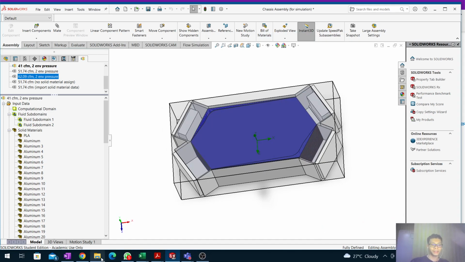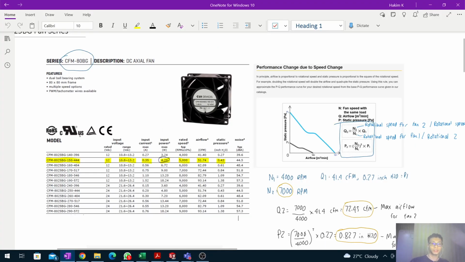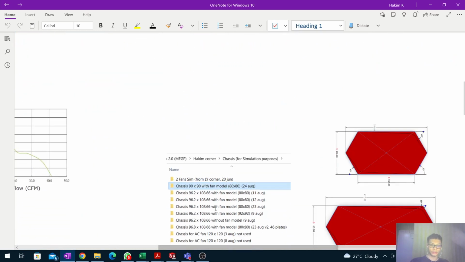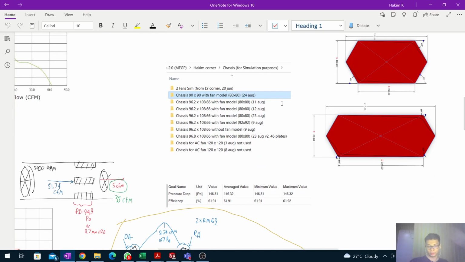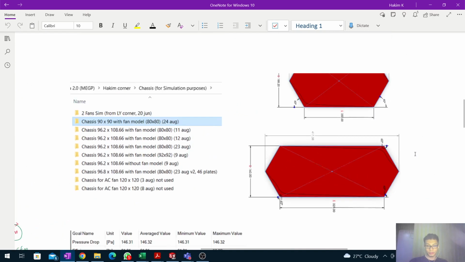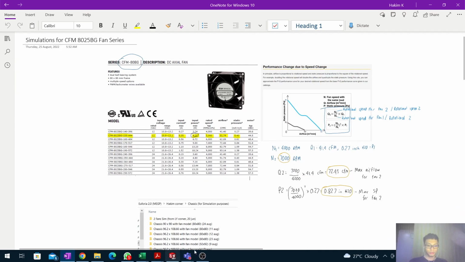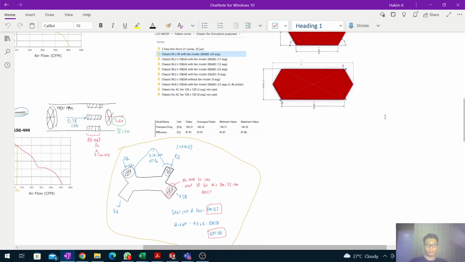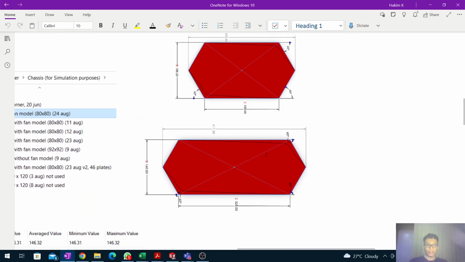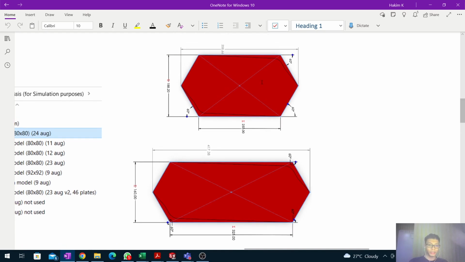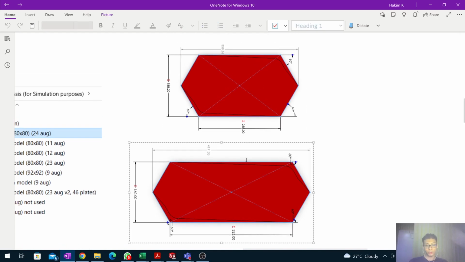Also, I tried to make some modifications on our heat exchanger, which is this one. What I did is I increased the length of the plate. This is the original, this is the new one.